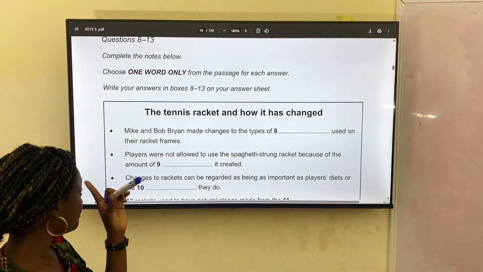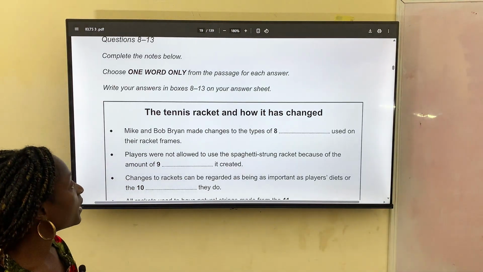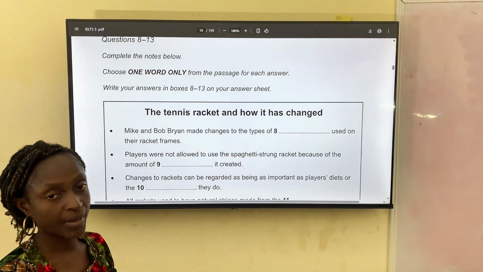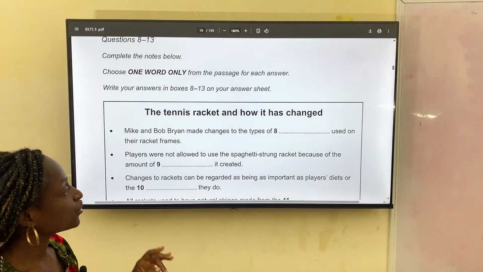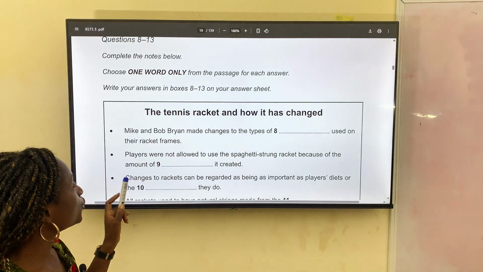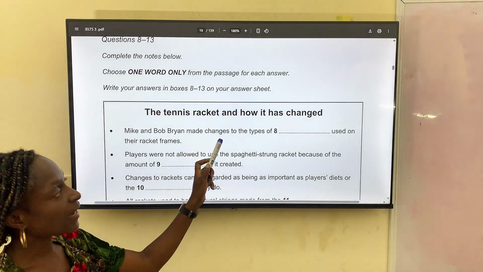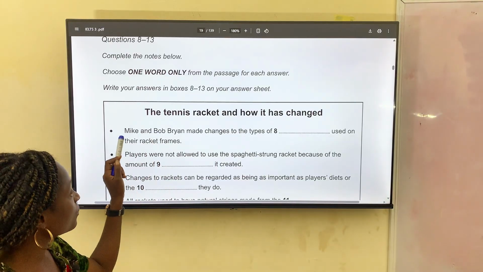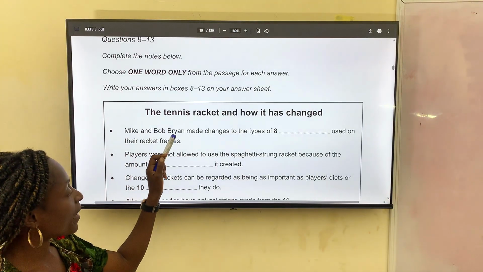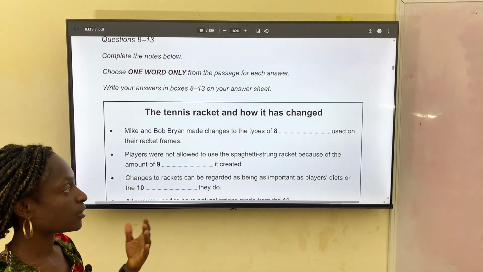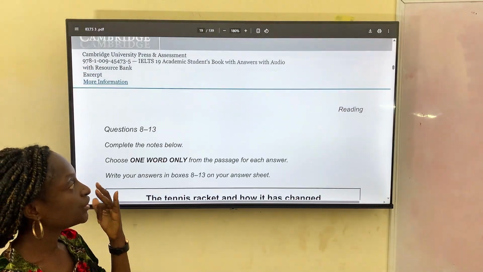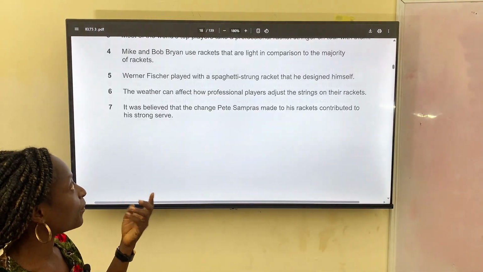So we have the first one. Mike and Bob Byron made changes to the types of dash used on their racket frames. So we already have the tennis racket and how it has changed. That's the title. Then we have Mike and Bob Byron. So we go directly to the passage and check out for Mike and Bob Byron.